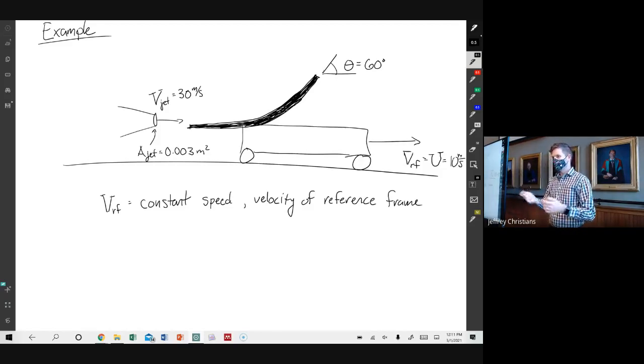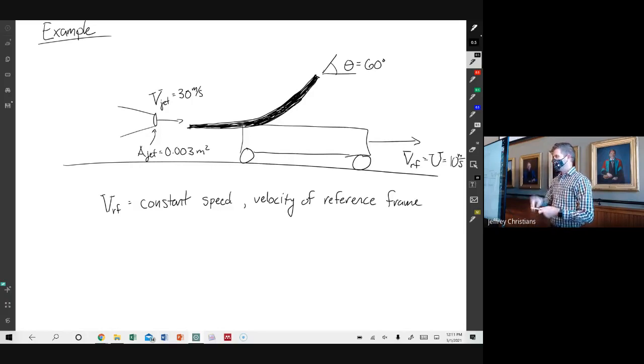The cool thing is physics doesn't really care. The Earth is moving, but a lot of times we measure physics as if the Earth is standing still. If you're in a car and you put your hand out the window, you're moving and the air is still, but physics works just the same if you're moving and the air is still, or if you're still and the air is moving.